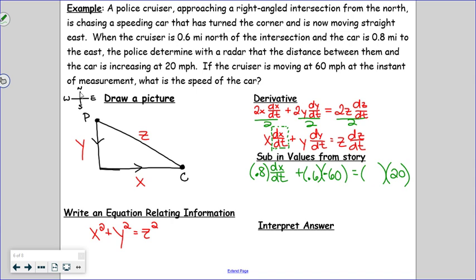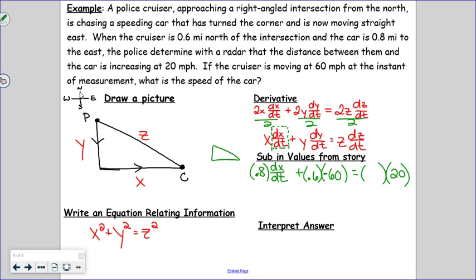Okay, I have run out of numbers in that problem, and we still have a blank up there. That's an issue. What kind of a triangle is it? Right triangle. And if one side's 0.6 and the other side's 0.8, and I handed you a right triangle with two sides on it a long time ago, what would you have done? Pythagorean theorem, right? That's the key on this one. When we are dealing with a setup like this, you're probably going to have to do Pythagorean theorem at some point because they're not going to tell you that third side.